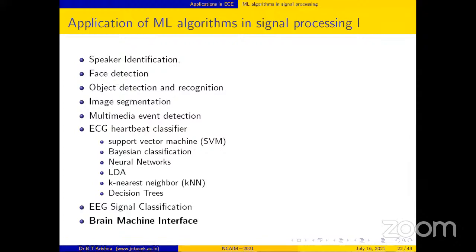Similarly, ECG signals: as far as biomedical engineering is concerned, you will have so many action potentials. They are nothing but biopotentials. The electrocardiogram signal is related to the heart, the electroencephalogram signal to the brain, the electrooculogram signal to eye movement, and the electromyogram signal to nerves.